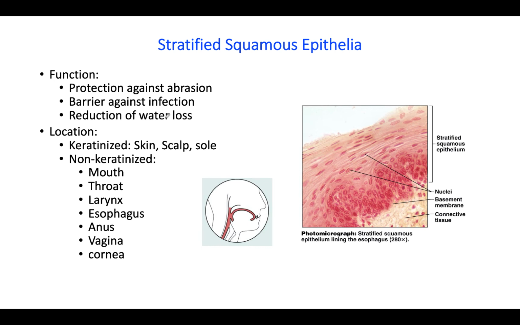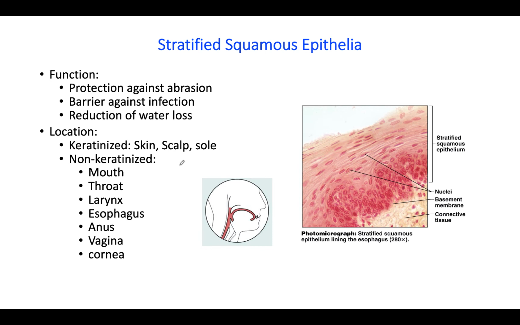A good example is mammalian skin. Mammalian skin is an example of dry, keratinized, stratified squamous epithelium. So, stratified squamous epithelium can be observed in the skin, scalp and sole.